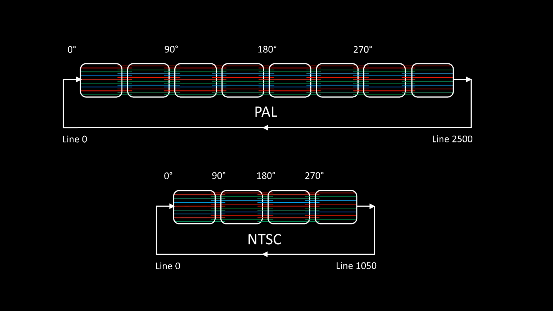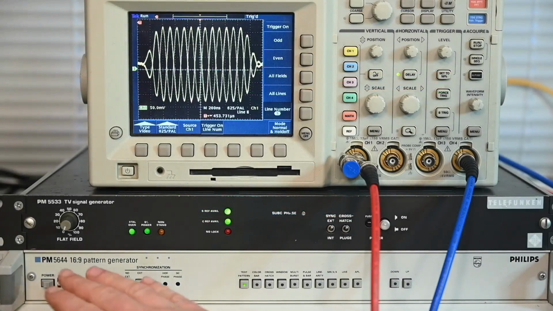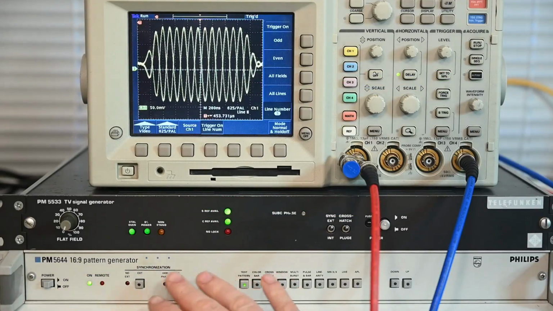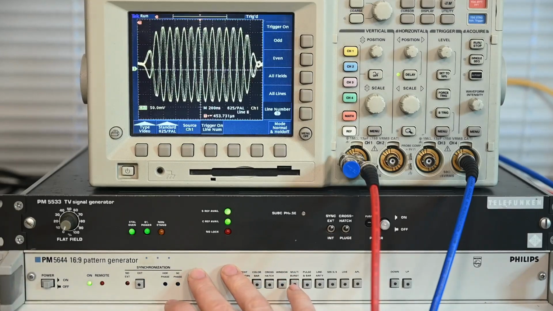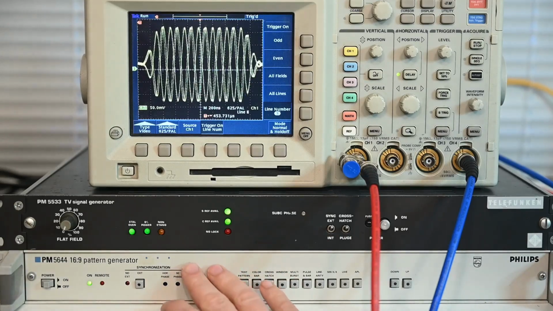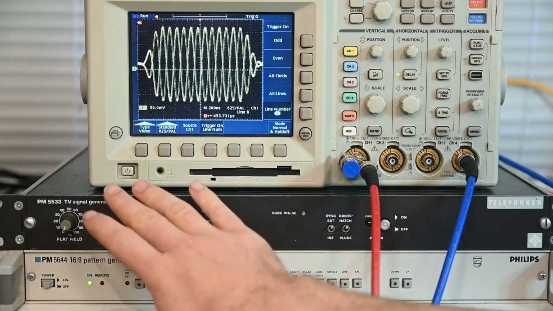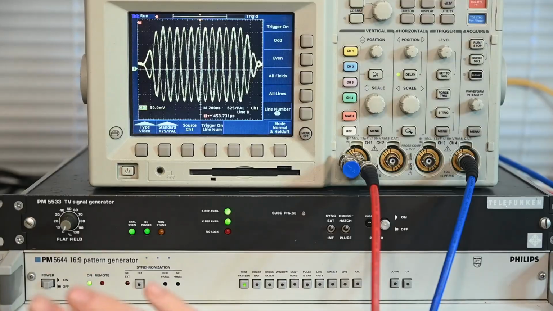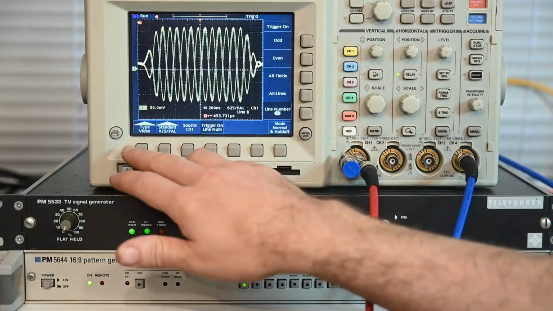To actually witness this on the oscilloscope is a little bit difficult, and this is why we have this generator out here, because what we need is what Philips referred to as a frame 1 sync signal, which is a rather difficult thing to come by, but we do have it available here. The 5533 is presently genlocked to this generator, and we have the frame 1 coming into the oscilloscope here. So what we can do is change it to trigger on that.